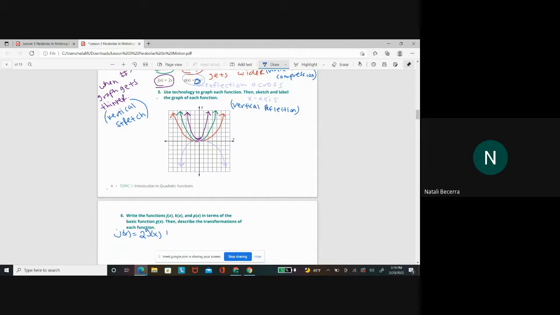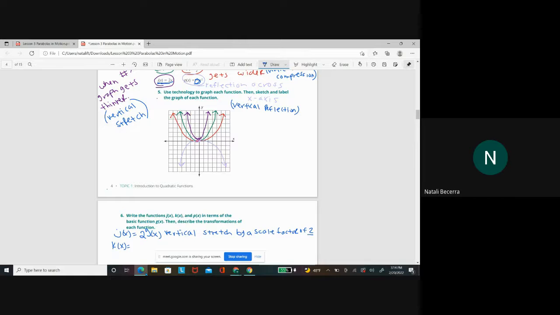And this was a vertical stretch by a scale factor of 2, because that was the number that was in front of the x squared, right? If you look back up here, that 2 right there. And then we have k of x.